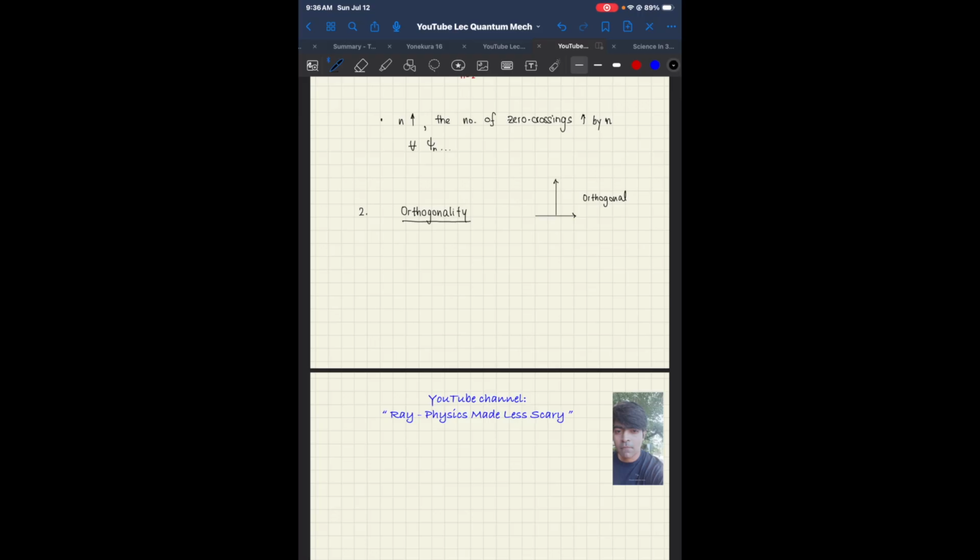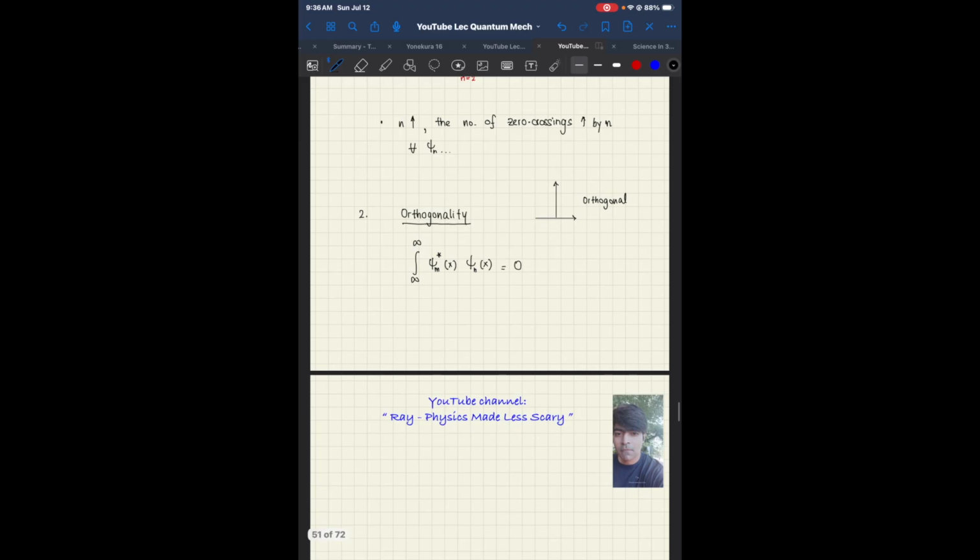In this functional analysis business, orthogonality means the integral from minus infinity to infinity of psi m star x psi n x is equal to 0 for m not equal to n. A bit of notation. This is, in mathematics, called the inner product.